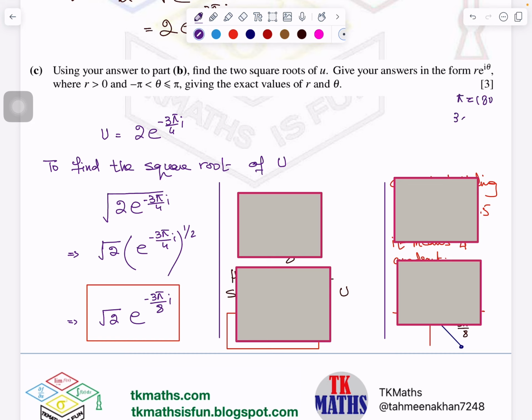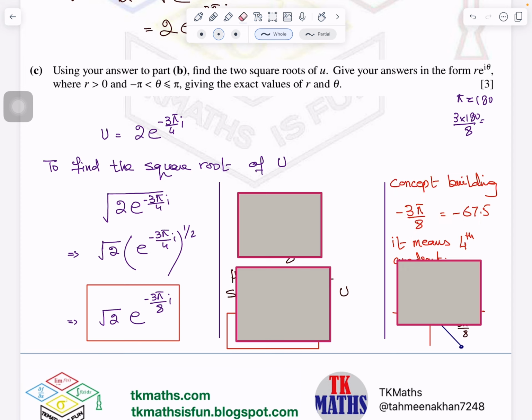So 3 multiplied by 180 divided by 8 you can do in the calculator to figure out which quadrant this angle is in. Okay, so it is equal to minus 67.5 because I have a minus sign here. So basically this is 67.5, but because the minus sign is along, it means I will go from the x-axis clockwise and it will be in the fourth quadrant.